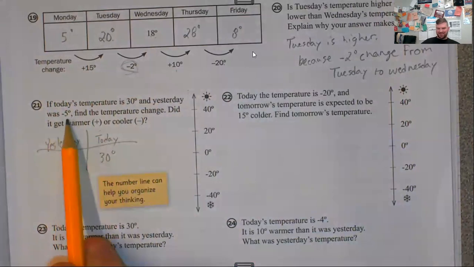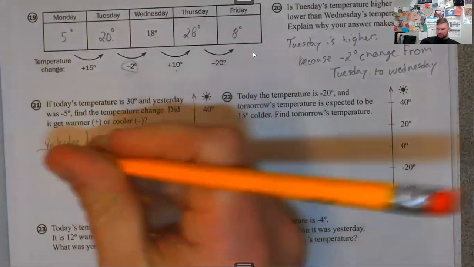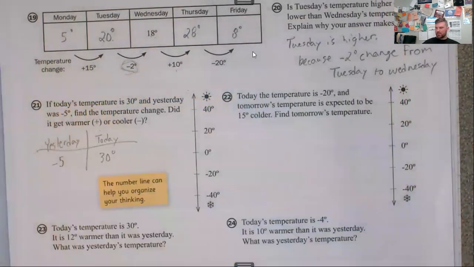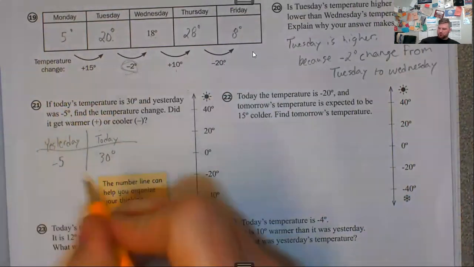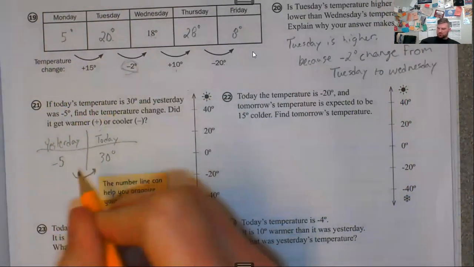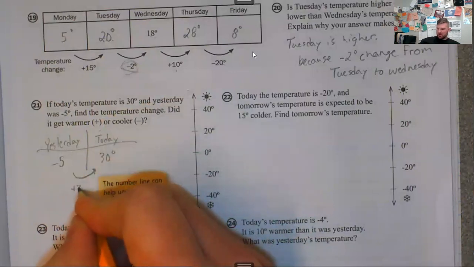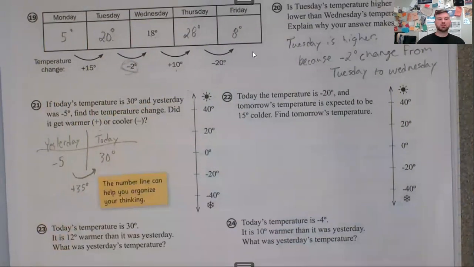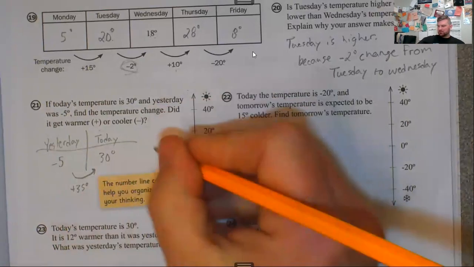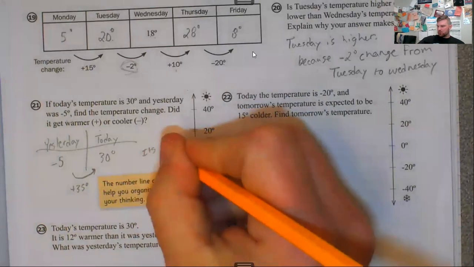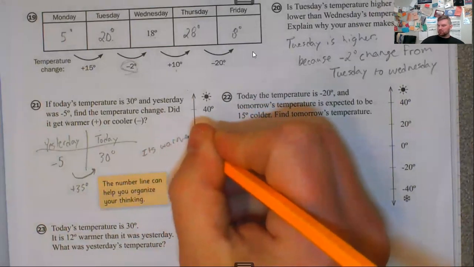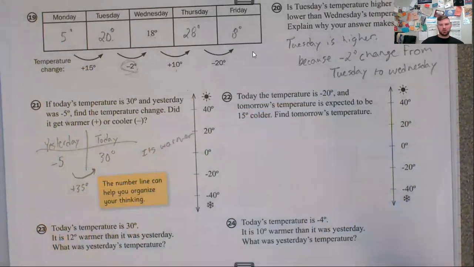Yesterday was negative 5 degrees. Find the temperature change. So the temperature change from yesterday to today is plus 35 degrees, which means it's a warmer day. If this was negative, it would be a cooler day.